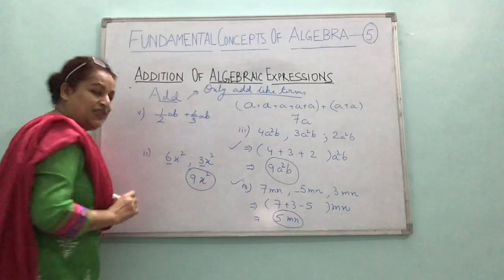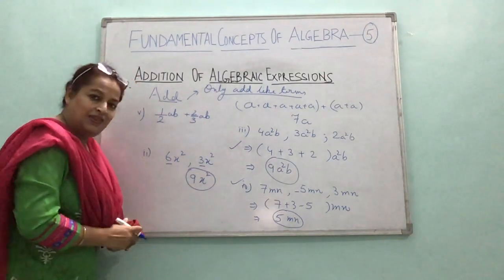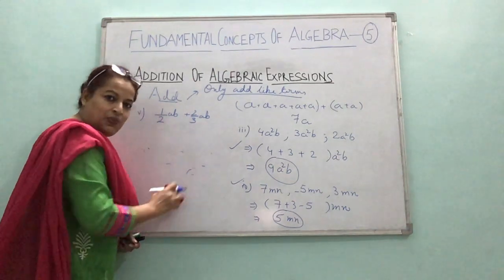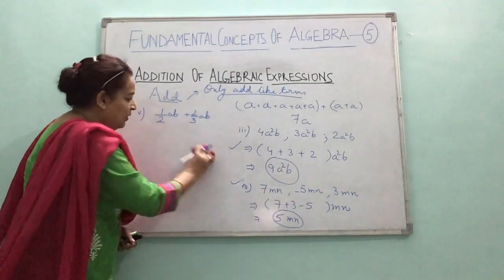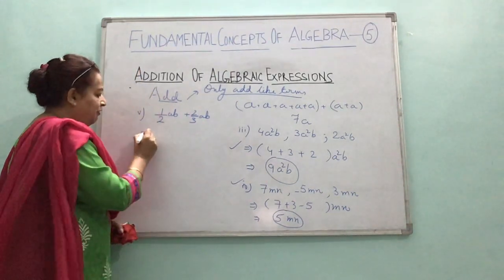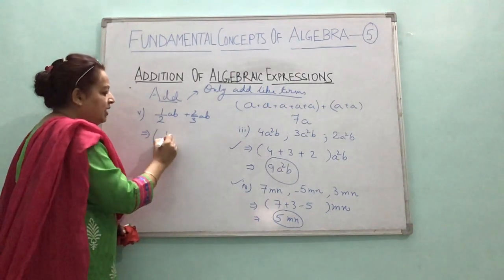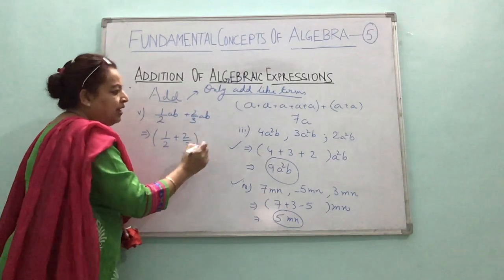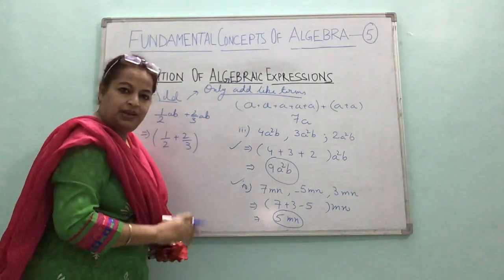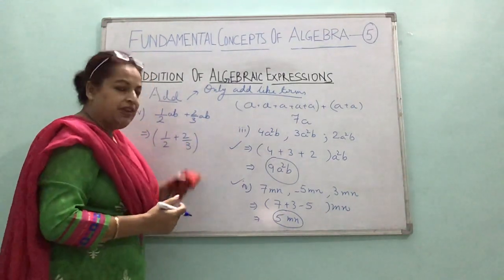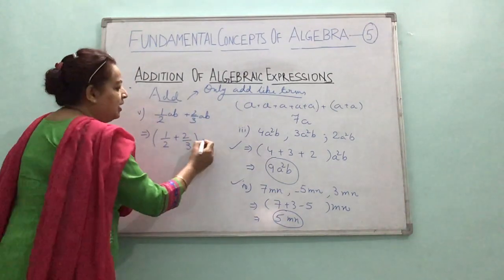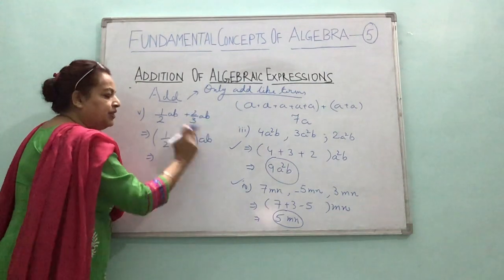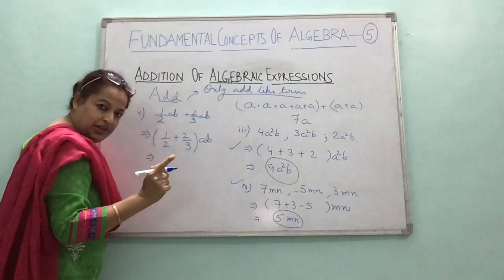Now when there are fractions, children, you can't do it orally as you did in the first and second examples. So the working would be different. We'll put it in fractions like this only, as I have told you here. Wherever there is difficulty in doing orally, if there are more than 2 or if there are fractions, put it in brackets and make it as AB. Because you know the literal coefficients would remain the same, it would not change.